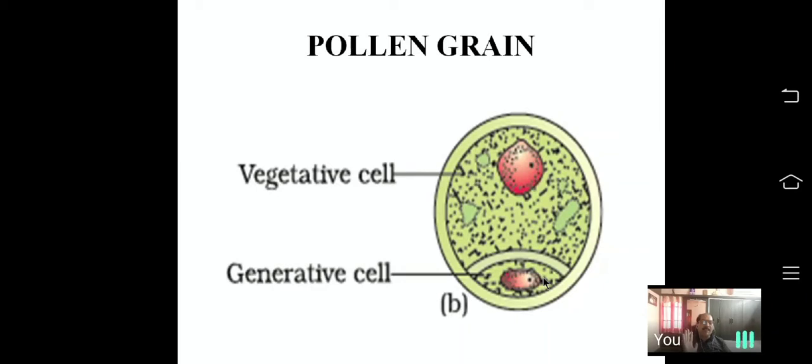So that process is called spermatogenesis. This is about the male reproductive parts in a flower. Next, we learn about the female reproductive part that I will show in my next slide.